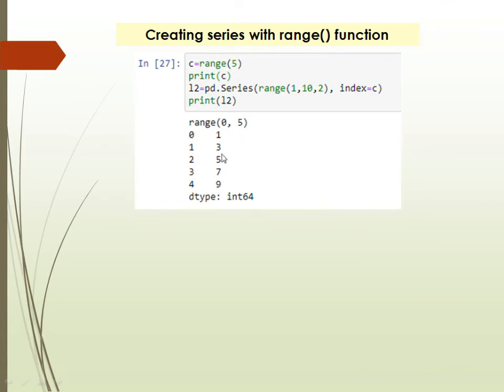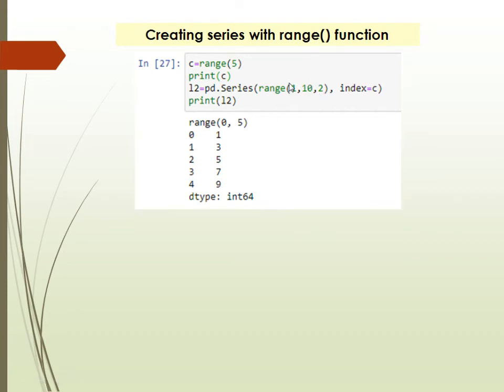So for generating odd values, what I'll do, I'll put the values like this: 1, 10, 2. What will happen? The range function will give me odd values starting from 1. Do you remember we did these things in class 11? Starting from 1, ending at 9, and giving a gap, means step, of 2.